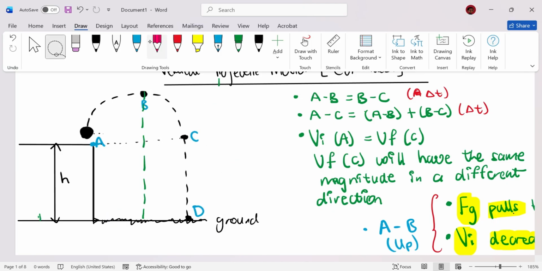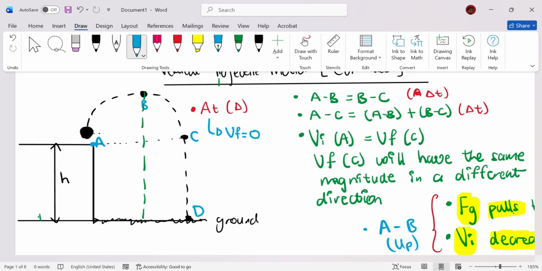What I want you to understand is that at point D, one would make a very quick assumption that the final velocity will be equal to 0. Please, ladies and gentlemen, that is not true. Do not assume that the final velocity at D is 0 unless the examiner says it is 0.